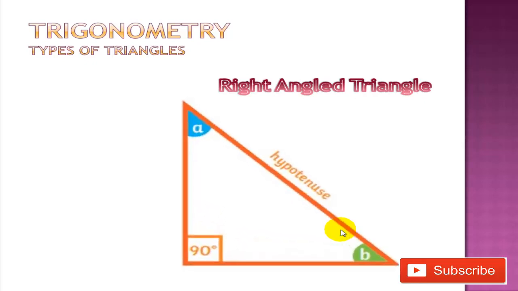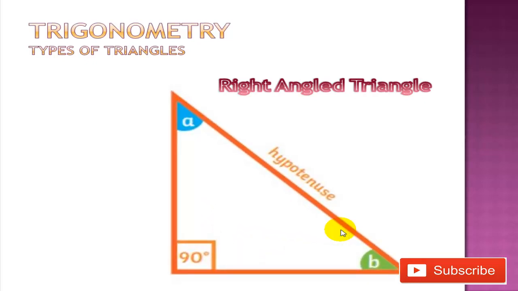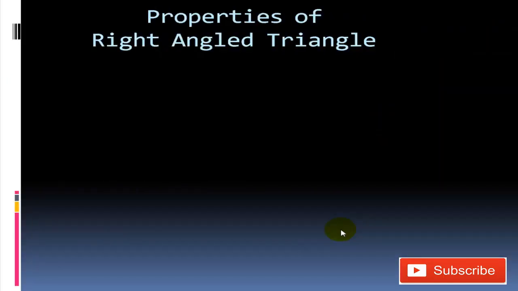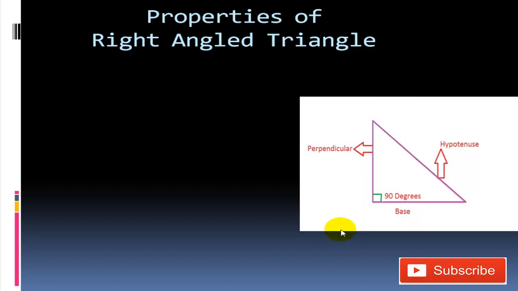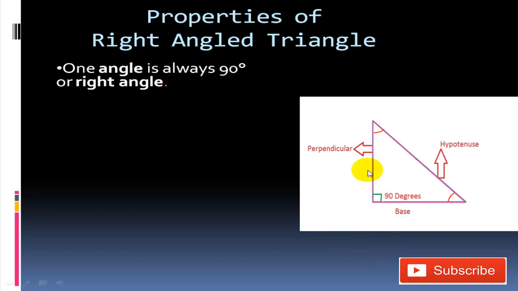In trigonometry, we use right angled triangles only. So, we have to revise the properties of right angled triangles first. Properties of a right angled triangle. One angle is always 90 degrees, or a right angle. In this triangle, one angle is 90 degrees.